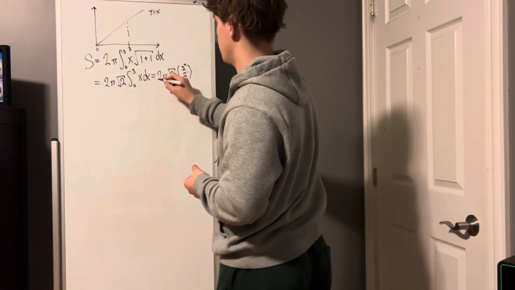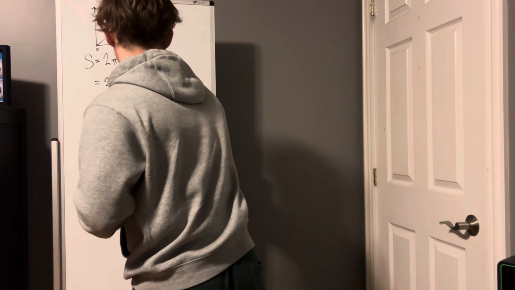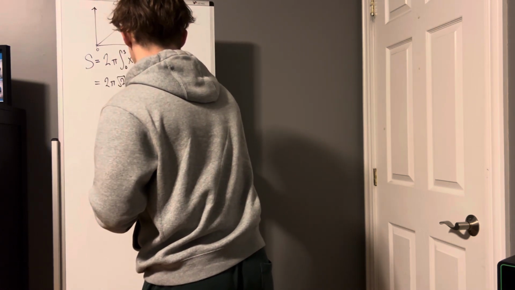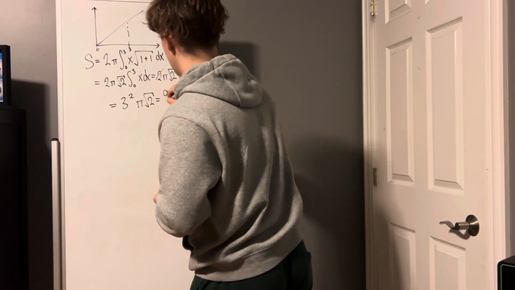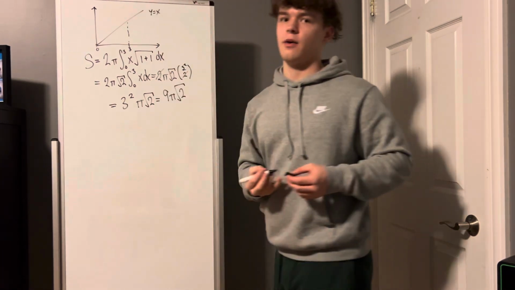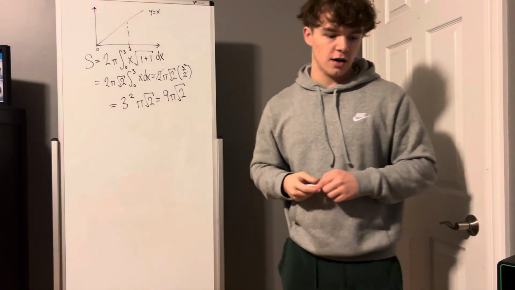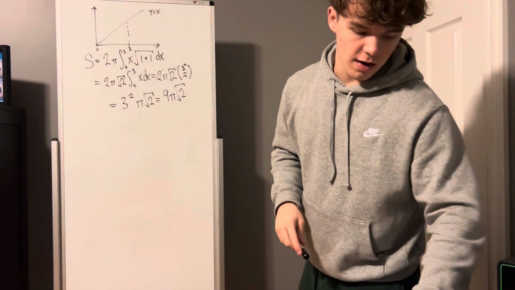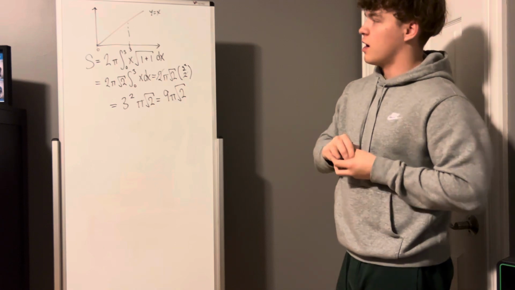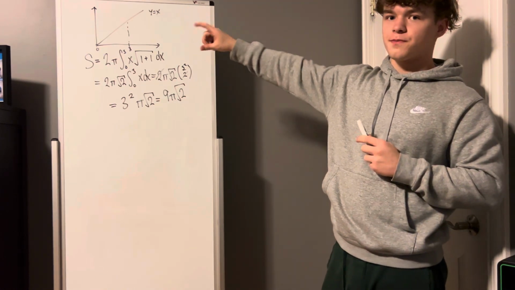So our 2's cancel. We get 3 squared pi root 2. Our surface area is 9 pi root 2. How amazing. That is surface area. Let me make sure I got the right answer. That's correct.